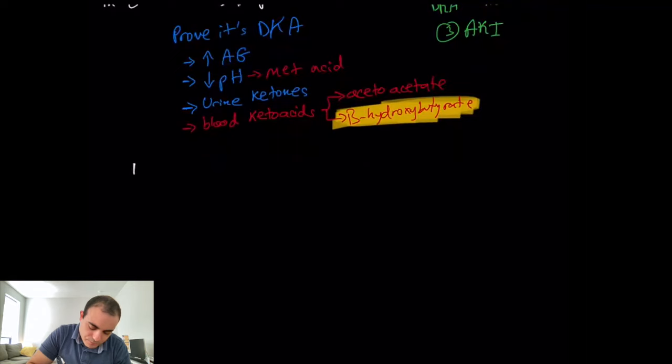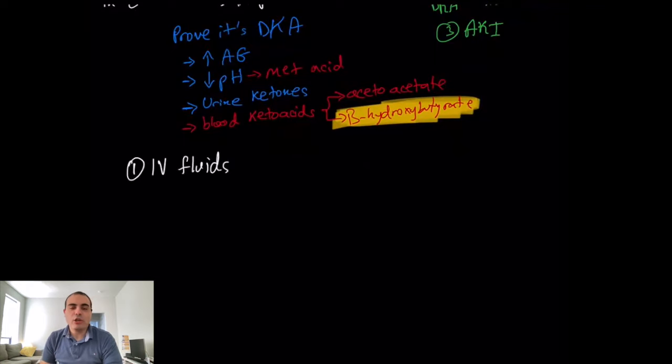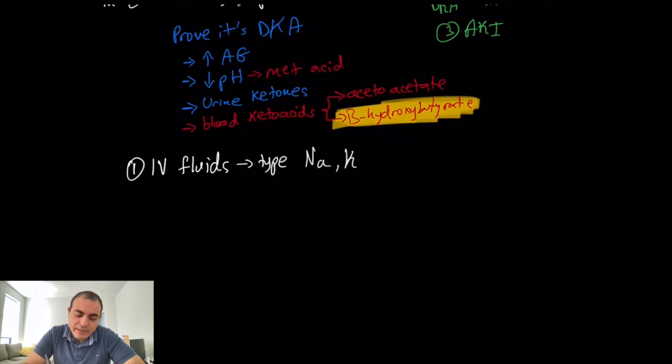First of all, there are IV fluids. These people are usually extremely dehydrated. They need IV fluids like anybody else, and they usually get plenty of IV fluids. The type of IV fluids usually depends on the sodium levels and the potassium levels.